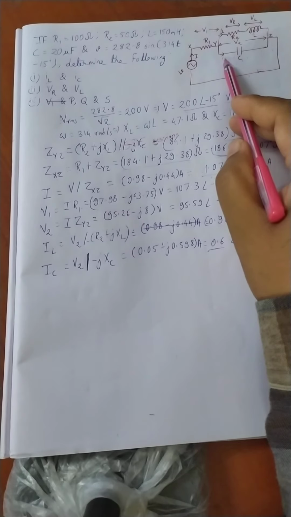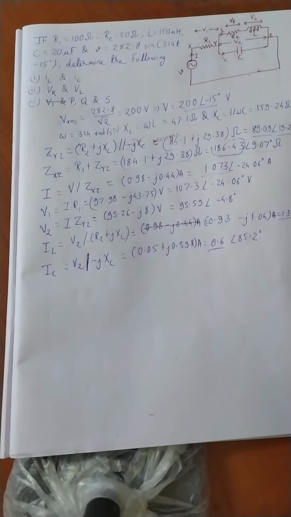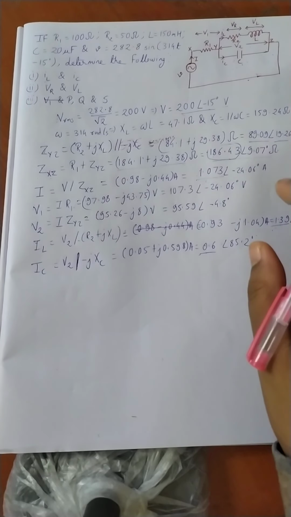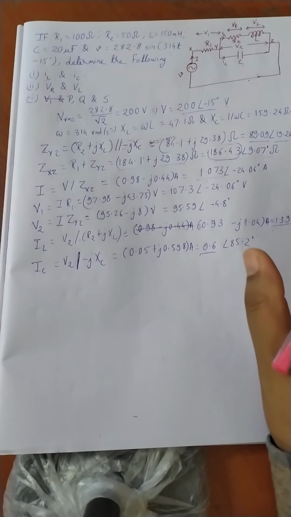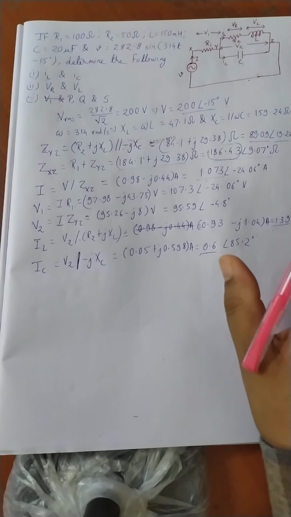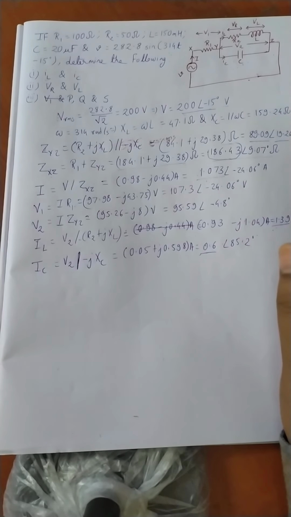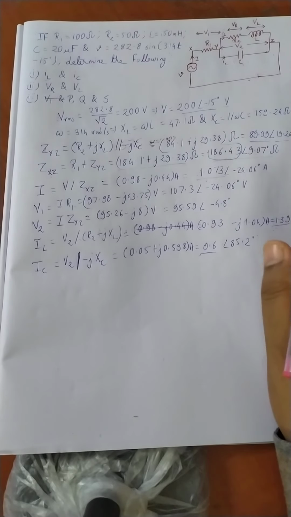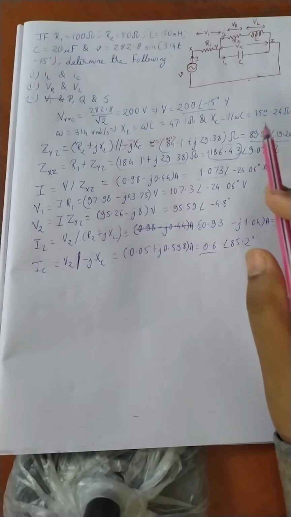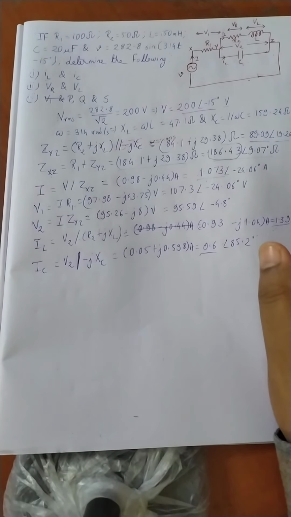Now you might think that then KVL is not applicable here, but it's not true. What actually happened in this AC is that KVL is also applicable, KCL is also applicable, but here it is not the algebraic summation. In case of this AC circuit, we are having the vectorial summation.